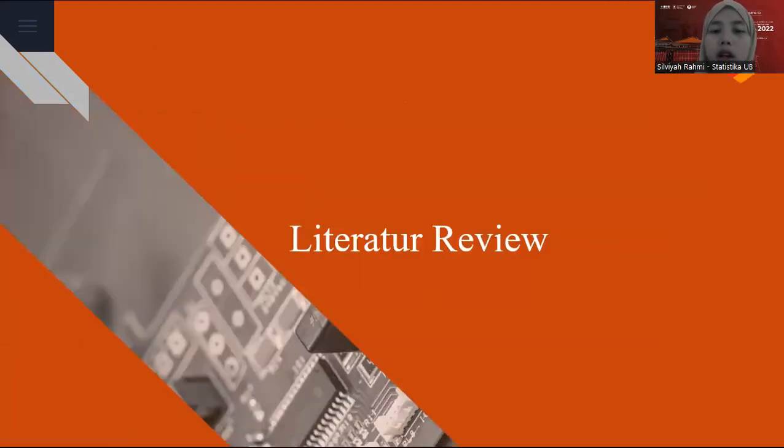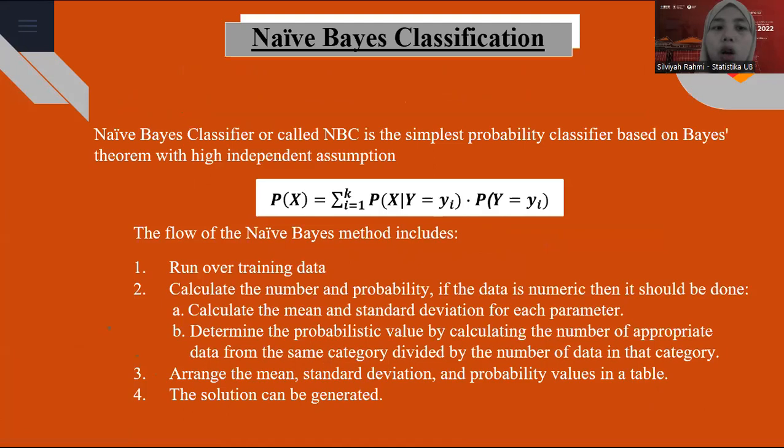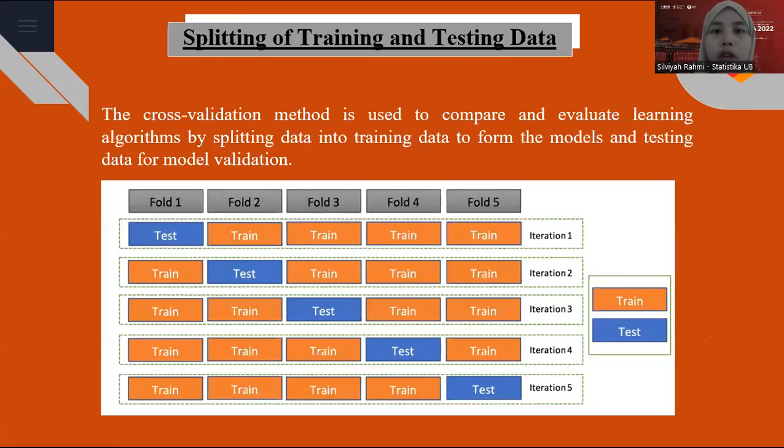This is our second outline, literature review. We know that naive Bayes classification has this equation. NBC is the simplest probability classifier based on the Bayes theorem, and it has a high independence assumption. After we know that naive Bayes is the basis for the classifier, we would like to split data for training and also testing.